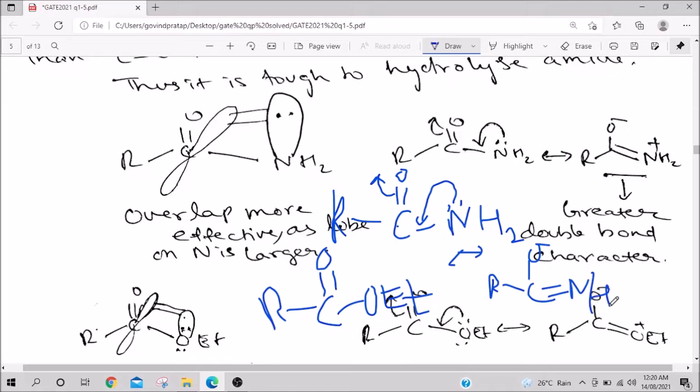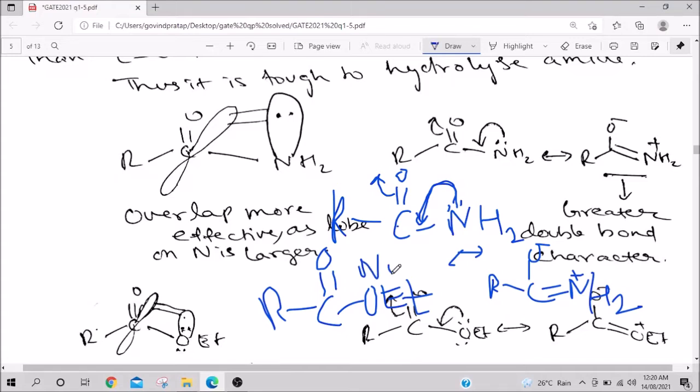Because of this, nitrogen is donating some of its electron density to the carbon. Carbon has a p orbital, they overlap. Because of this, carbon is now getting electrons.